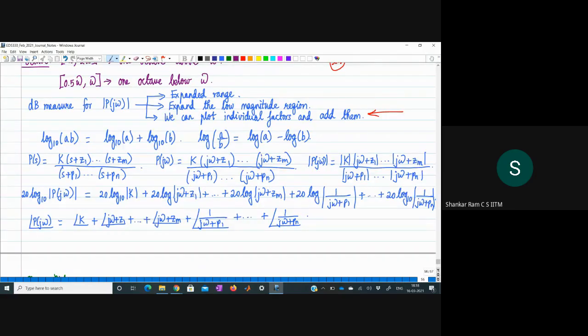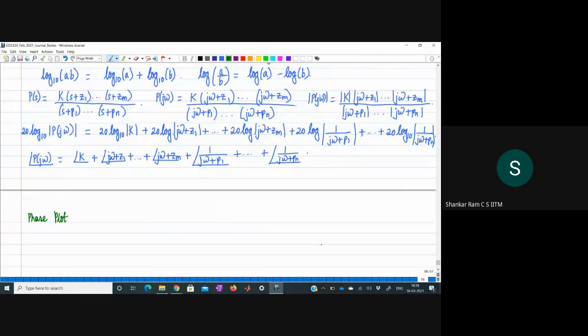So now going to the second plot, which is the phase plot of the Bode plot. What happens in the phase plot? We essentially plot the phase of P of j omega in degrees, with frequency on the x-axis. The phase of P of j omega in degrees is plotted using a linear scale.